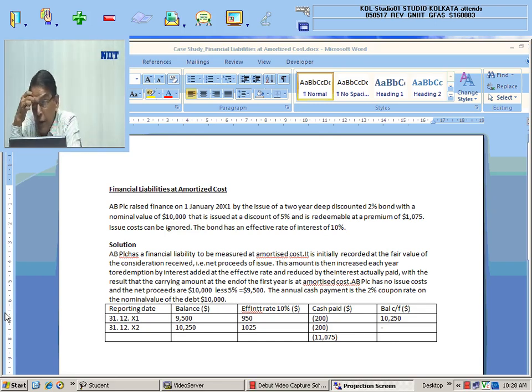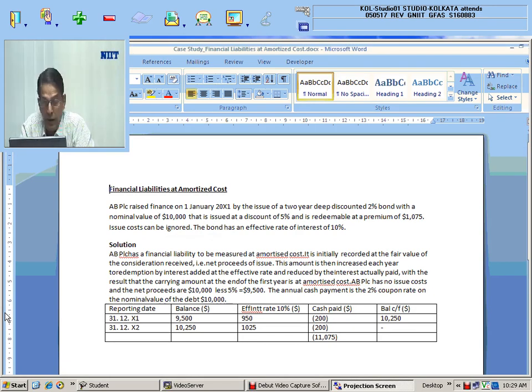That is the interest on the bond at the effective rate minus the actual interest paid. So 950 minus 200, that is 750, is added to the initial measurement of 9,500, which gives you 10,250.